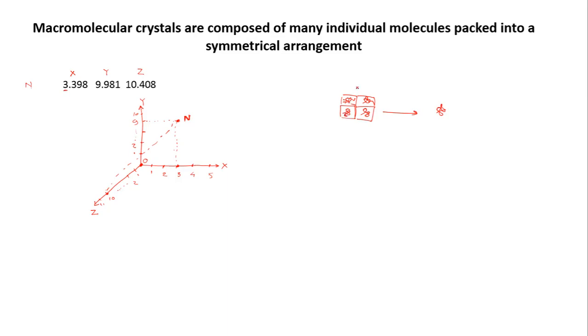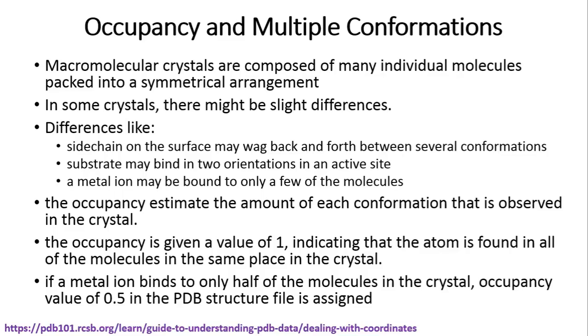So the substrate or the inhibitor can be differentially oriented in the protein molecules in your crystal. It can also happen that metal ions are bound to only a few of the molecules.